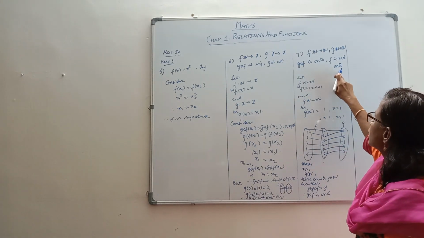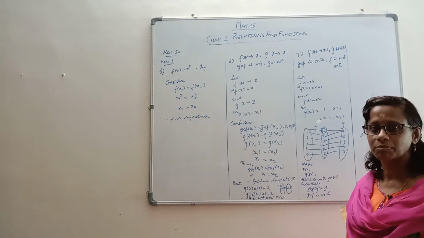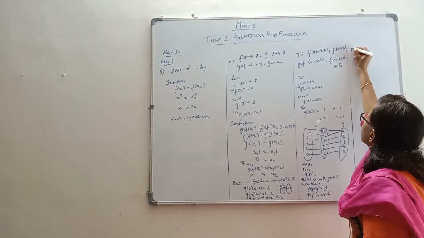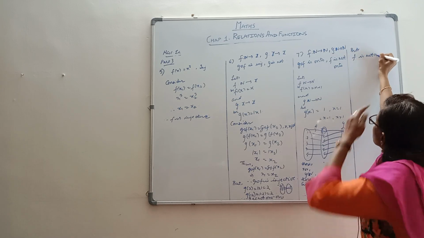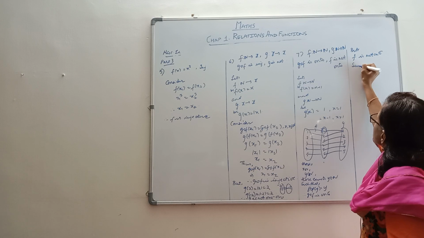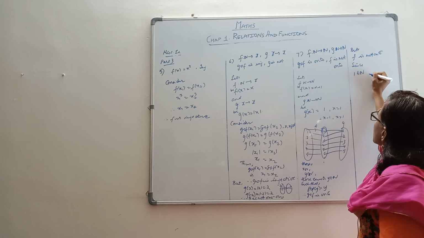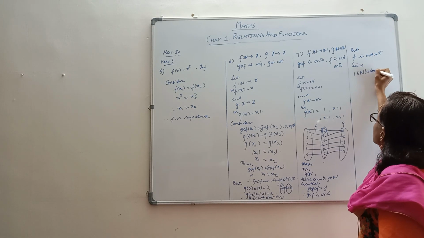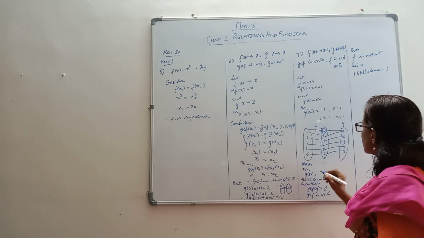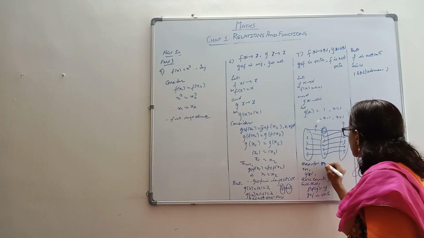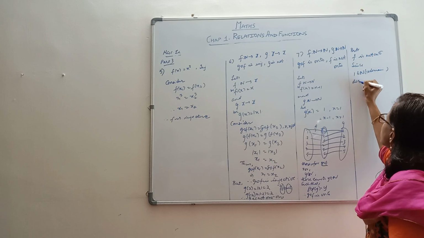But they want to say that f is not onto. Yes, f is not onto because 1 doesn't have a preimage. f is not onto since 1 belonging to natural numbers does not have a preimage.